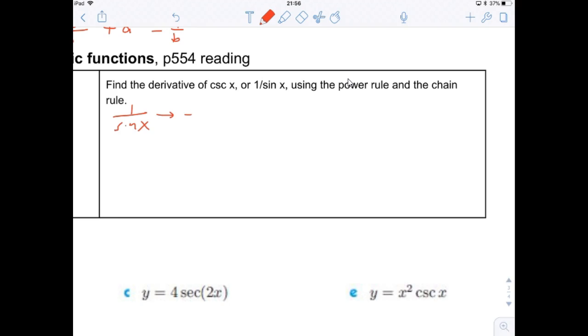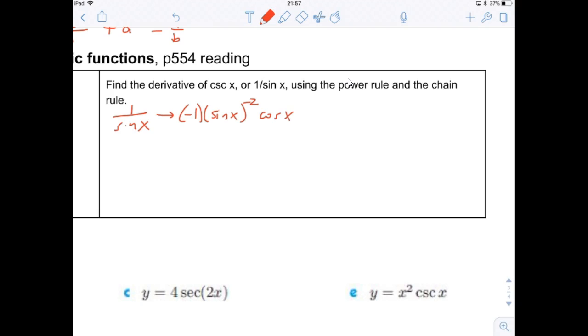writing negative 1 times the something to the negative 2, right? And then we just need to take the chain rule, the inside, which is sine of x, so we'll multiply that times cosine of x.